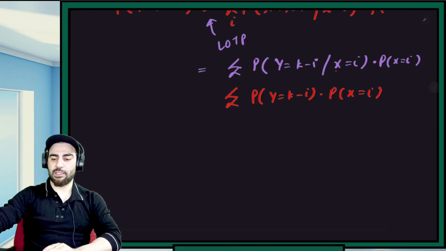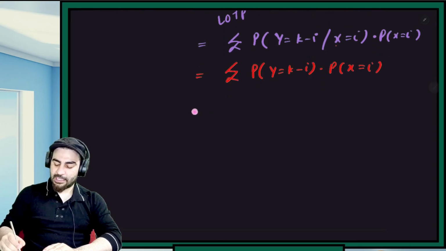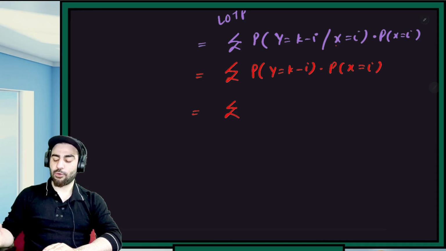When I know both of these follow the binomial distribution, I can just put these values over there. In this, I need k minus i successes out of m trials for y, and here I need i successes out of n trials. So I can just expand them by using the binomial theorem. Let me expand that.